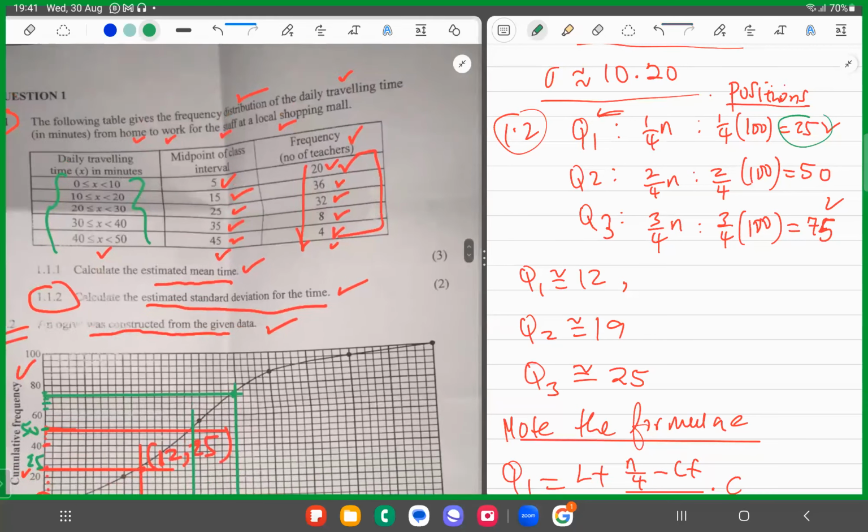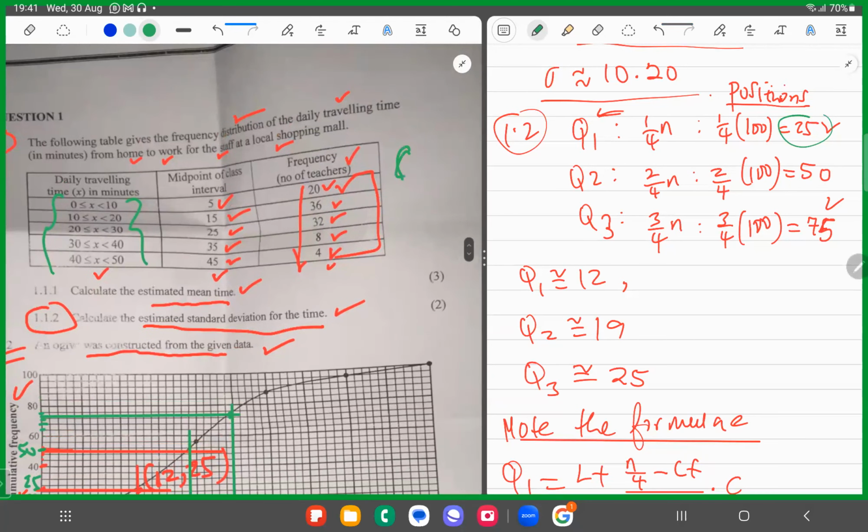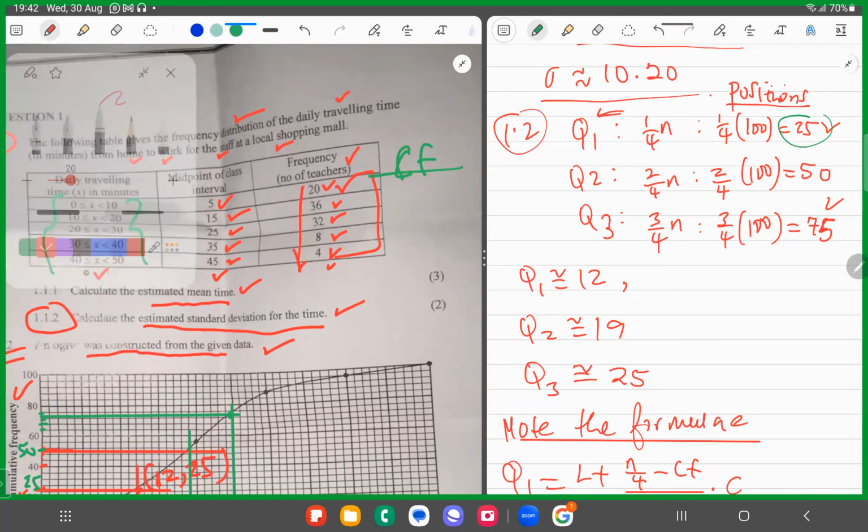Generally you'd have to find the cumulative frequency column. Just allow me to say a little bit more about this. You might have never learned this at school. Cumulative frequency is going to start from 20. You have learned cumulative frequency, I know. Then you add 36, you get 56.